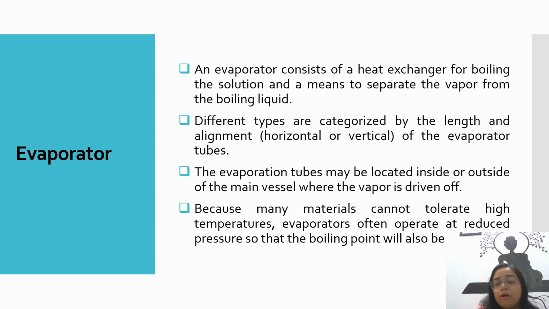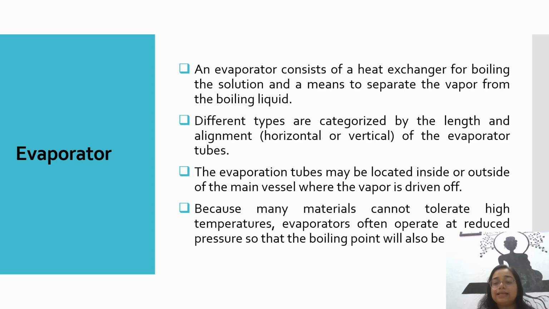Another important point which needs to be known regarding the evaporator is that in many cases, within the evaporator, we decrease the pressure. Why do we decrease the pressure within the evaporator? As we know, if we decrease the pressure, the boiling point of any liquid starts to decrease. Whereas contrarily, if we increase the pressure of a system, the boiling point of the solution will start to increase.